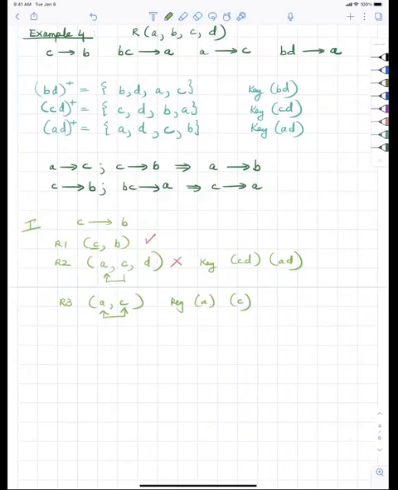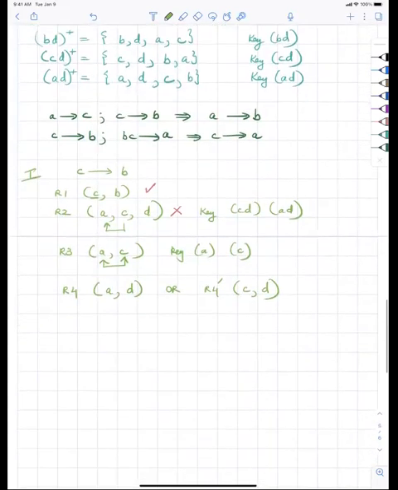So you could bring R4 down to be either A or C. It's really up to you, either one's fine. So let's say R4 or R4 dash. You could bring any of these down.